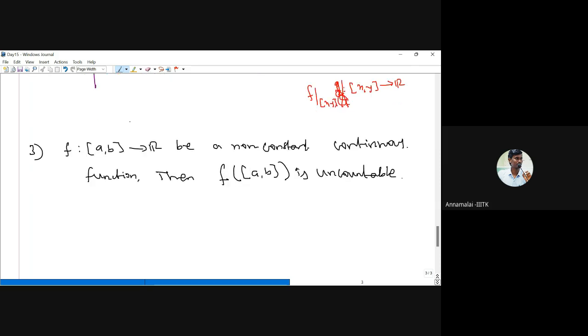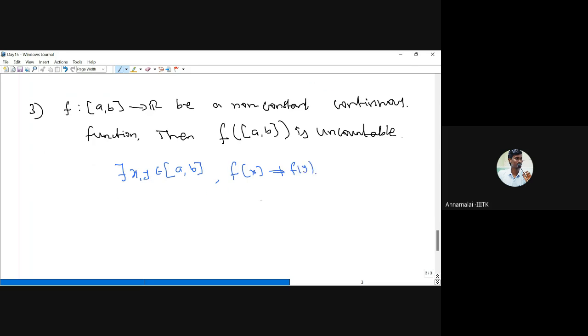So it's clear, right? So why? Since it's a non-constant function, there are at least two elements x, y in the closed interval a, b that take different values. f of x is not equal to f of y, because at least 2 points map to different values. But the function is continuous. Now look at this.